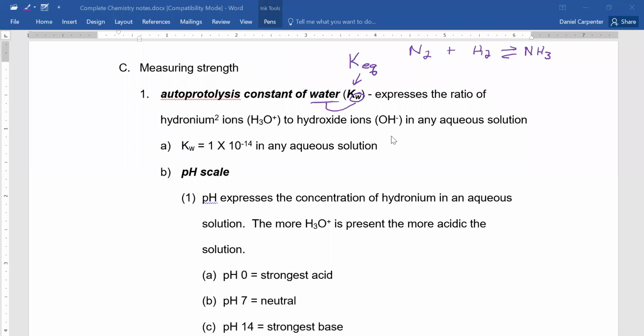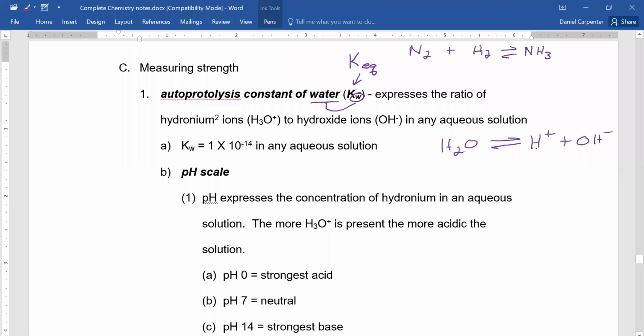So let me see now. It may surprise you to learn that water is constantly, H2O, splitting apart into H plus. Anyone remember what H plus is? And OH minus. Anyone remember what OH minus is?